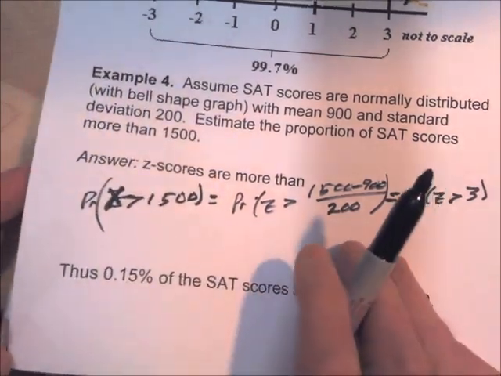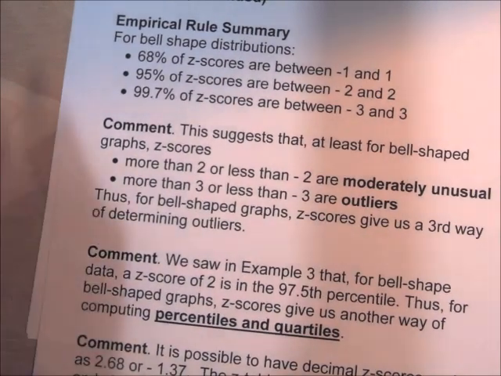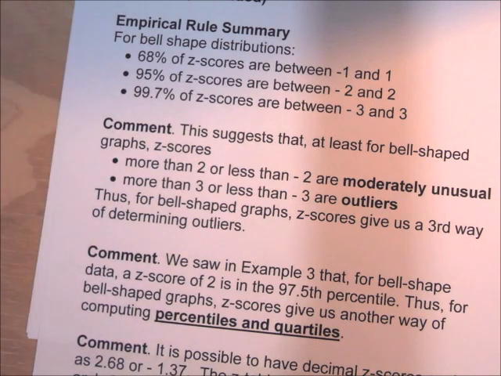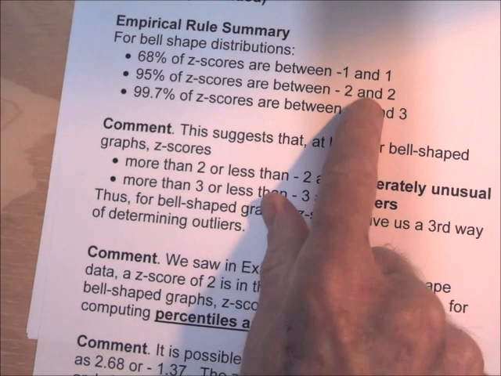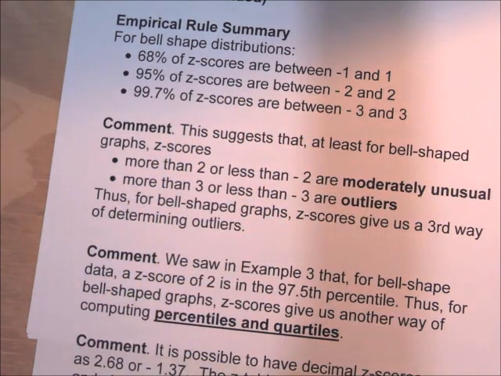Okay, so let's summarize the empirical rule here. For bell-shaped distributions, bell-shaped data with bell-shaped graphs, 68% of the z-scores are between -1 and 1, 95% of the z-scores are between -2 and 2, 99.7% of z-scores are between -3 and 3.